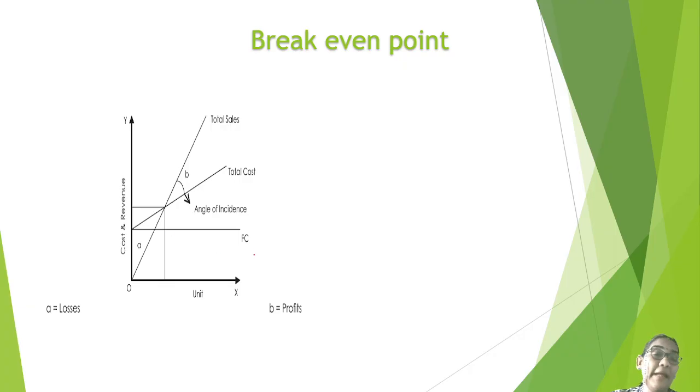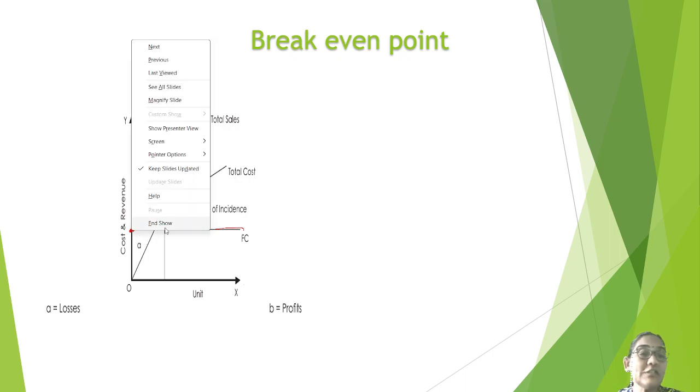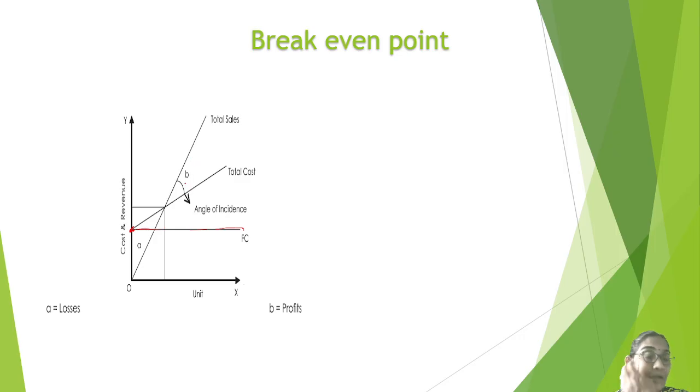Now let me explain this graph. On the x-axis is the units, on the y-axis is the cost and revenue. As you can see, fixed cost is parallel to the x-axis. Total cost will start at the point where fixed cost meets the y-axis, because total cost consists of fixed plus variable.